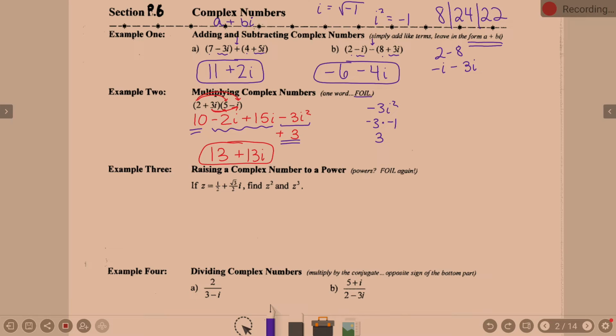Now, in order to find z squared, that is the idea of taking z, which is 1/2 plus square root of 3 over 2 times i, and squaring it. If I write a number that has two terms and we're going to square it, what do I really have to do?